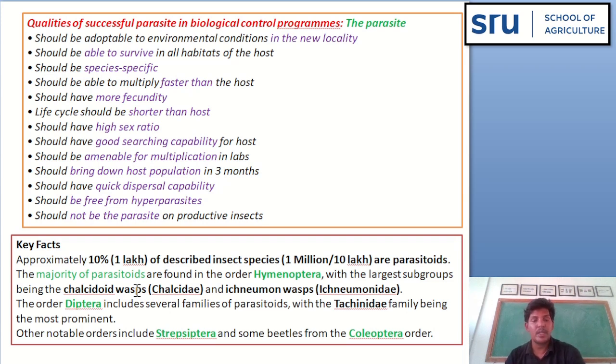Most of the parasitoids are found in the order Hymenoptera, that too in the families Chalcididae and Encyrtidae. Similarly, the orders Diptera, Strepsiptera and Coleoptera also have useful parasites and parasitoids.